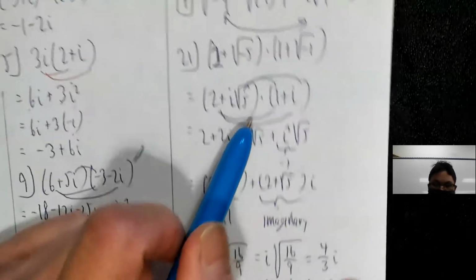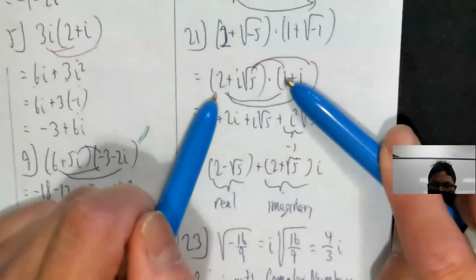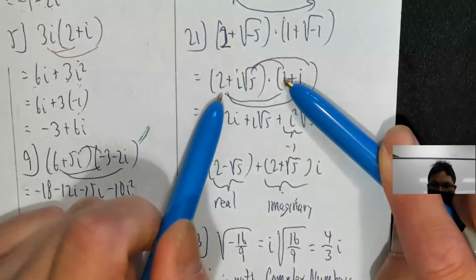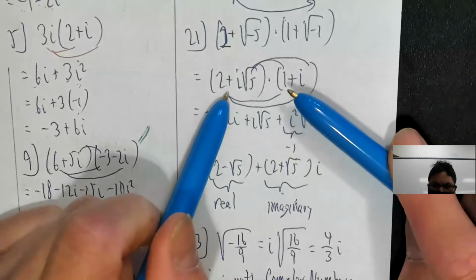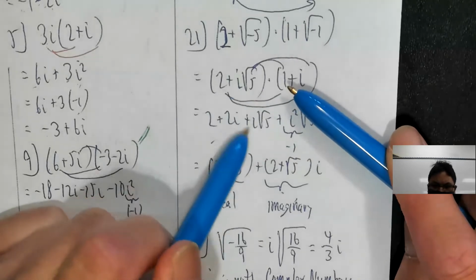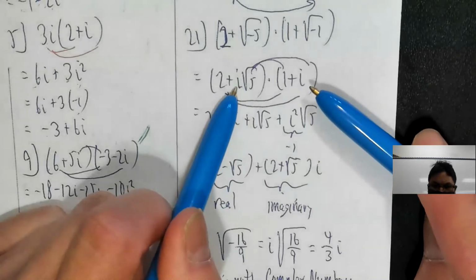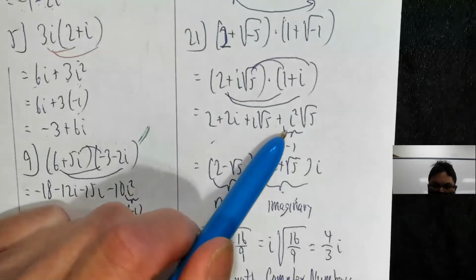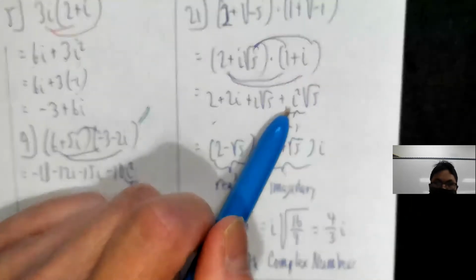If you multiply them together, you can just FOIL like normal. First, 2 times 1. Outer, 2 times i. Plus inner, 1 times anything is the same thing, so i radical 5. And last, i radical 5 times i is i squared radical 5. Anytime you see i squared, change it to -1.